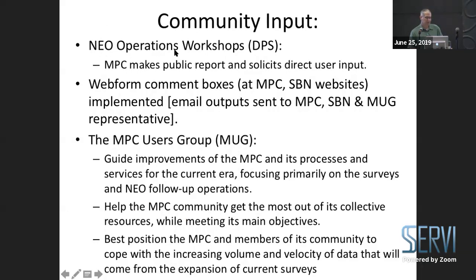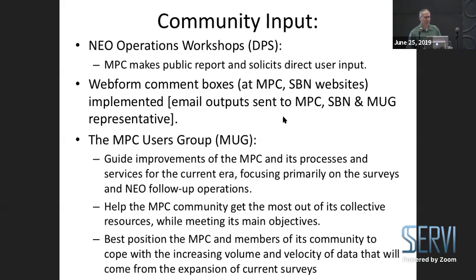NEO operations, in terms of community input, we often hold make reports during the NEO operations workshop at the DPS. There is a web forum, comment boxes at the MPC's and SBN websites. And then the MPC Users Group, the MUG, meets twice per year. I think Lindley mentioned this yesterday. It's been a very successful form of input.